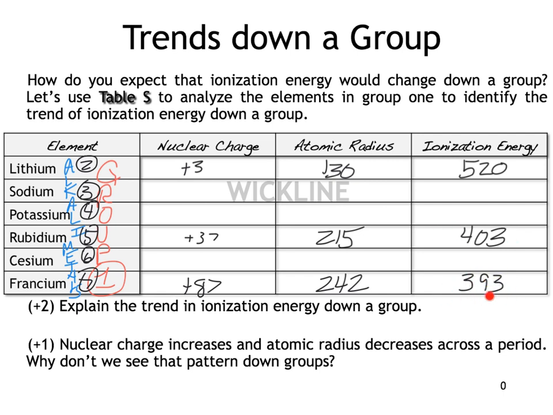The smaller ionization energy is a result of the electrons and the protons being far apart because of this large radius, and the farther apart they are, the easier they are to remove. So when I explain the trend in ionization energy going down a group, I just say that more orbitals leads to a larger radius, which leads to a lower ionization energy.